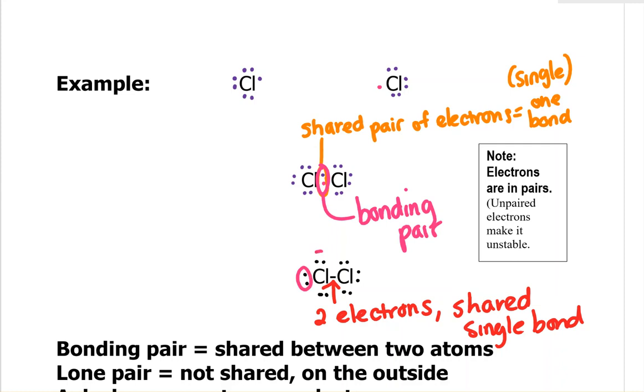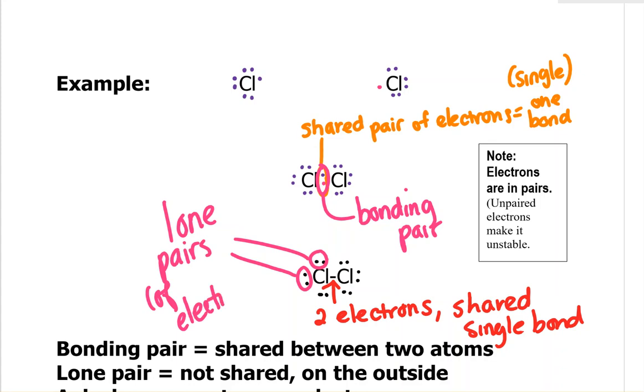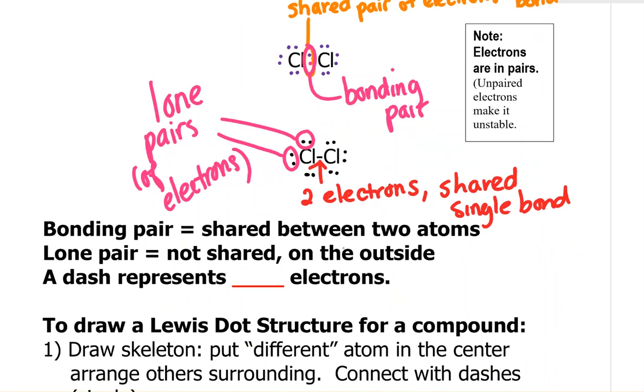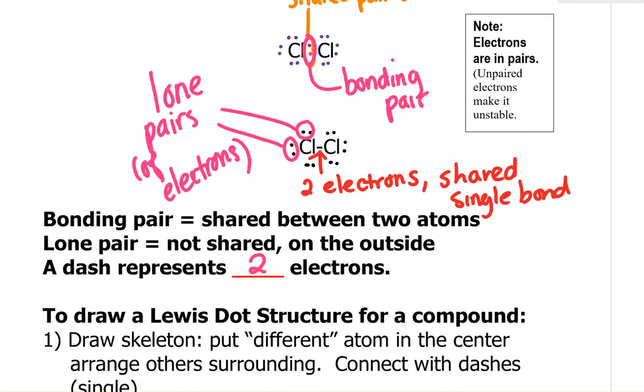As opposed to these out here, we call those lone pairs. Okay, so just some terminology for talking about these structures. So a bonding pair, lone pair, we said that. A dash represents 2 electrons.